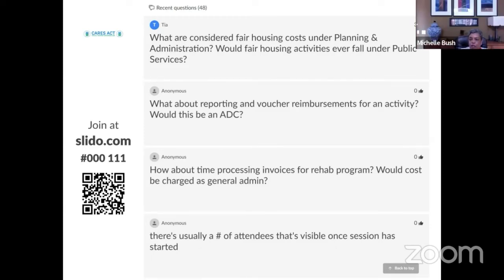Okay, so I'll read the questions and I think any of us can answer these. How about time processing invoices for rehab program? Would costs be charged as general admin? I would say the answer to that is no. There's HUD CPD notice 13-07.